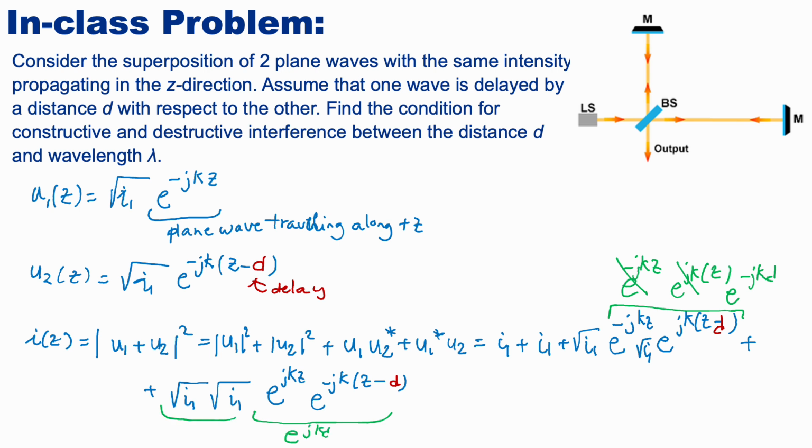This term is going to be the intensity, so at the end our optical intensity of the interference is going to be, I can take outside my total intensity of the individual waves, and then we're going to have 2 plus 2 times cosine of kd, which is our delay.